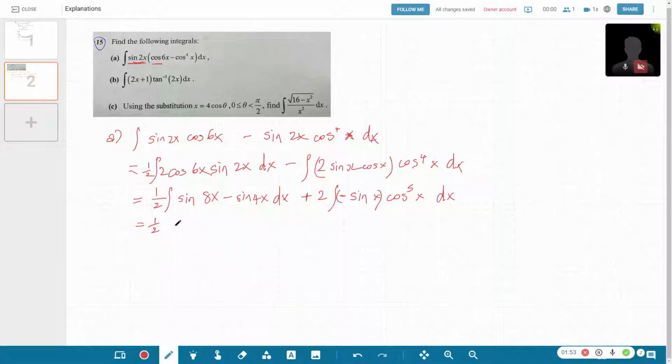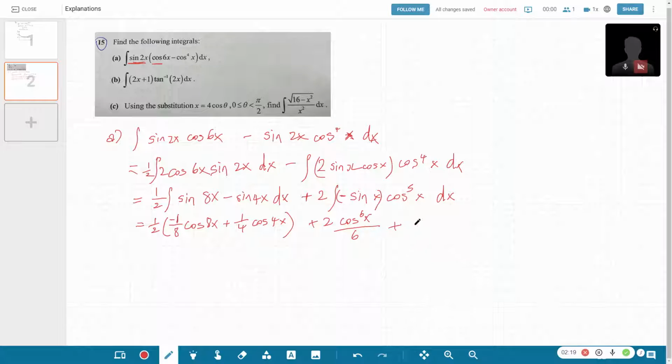So from here, I can just get half integrate sine 8x, 1 over 8 cosine 8x with a negative sign, then plus 1/4 cosine 4x, because you differentiate cosine x, you get negative sine x, plus 2 cosine power 6x over 6. Don't forget your plus c.